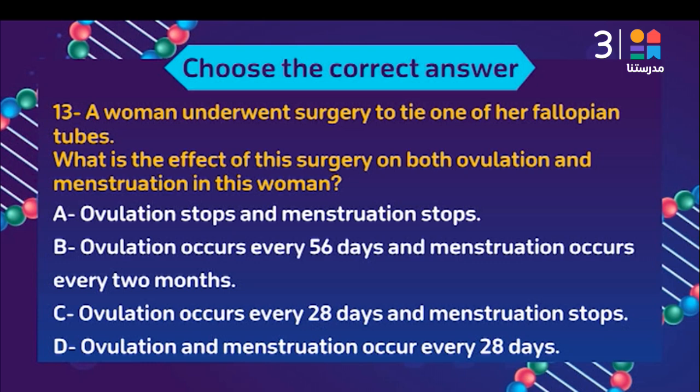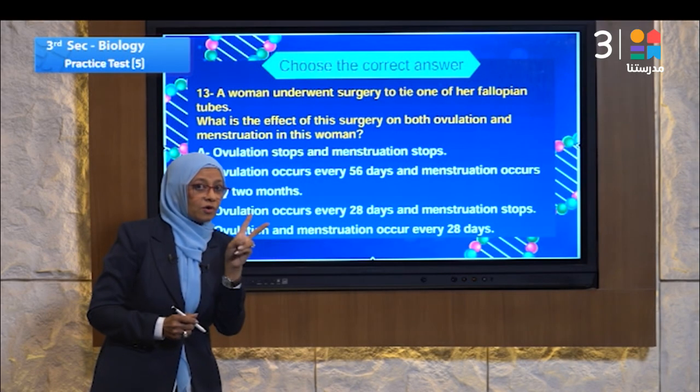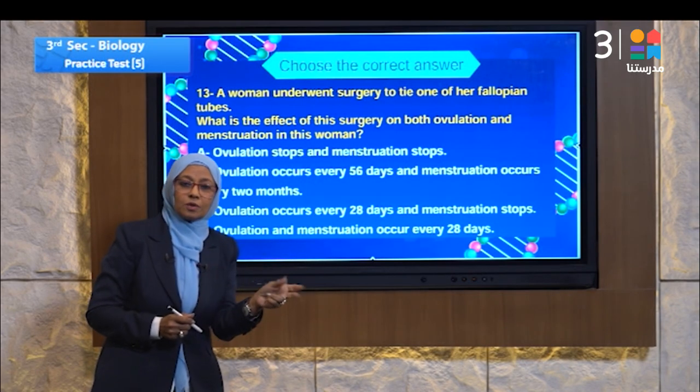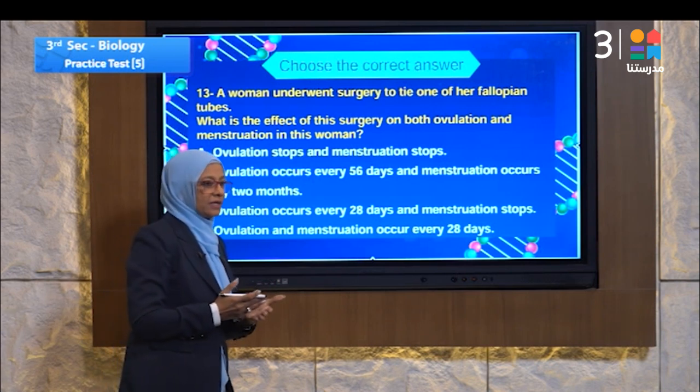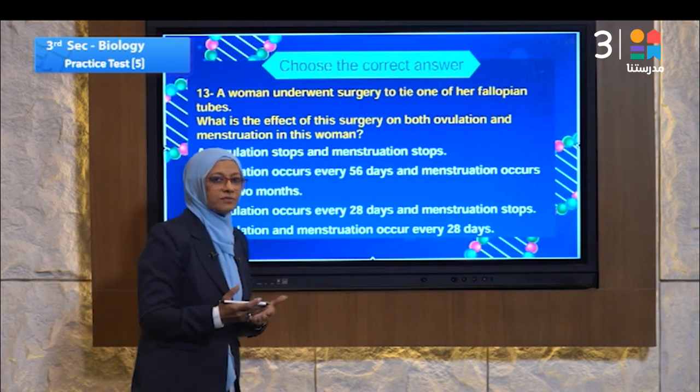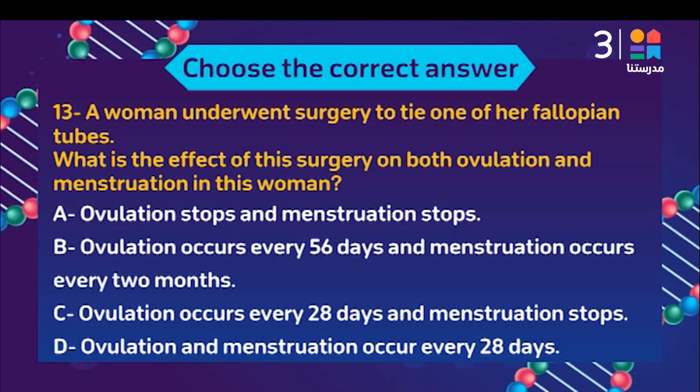There are 2 fallopian tubes, connected between the 2 ovaries and the 1 uterus. That's the structure of the female reproductive system. What is the effect of this surgery on both?